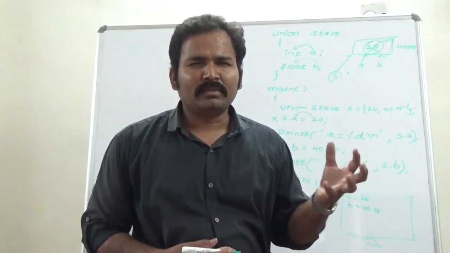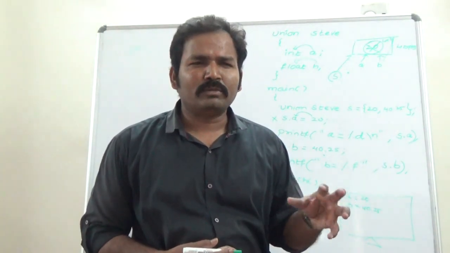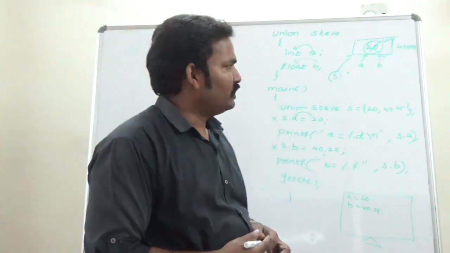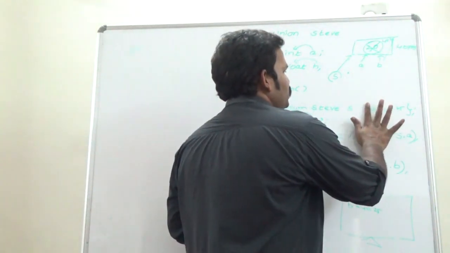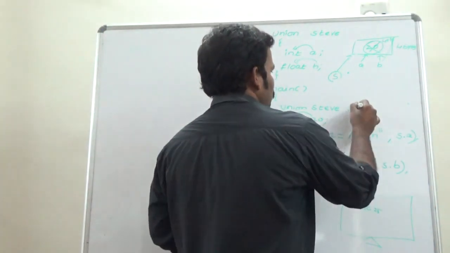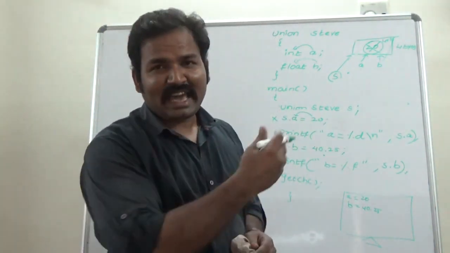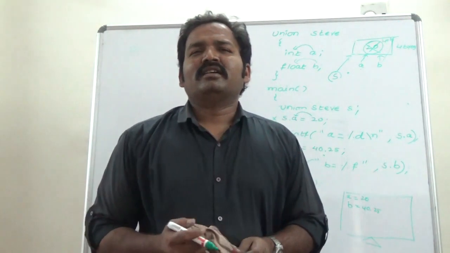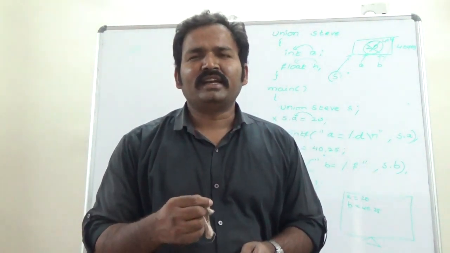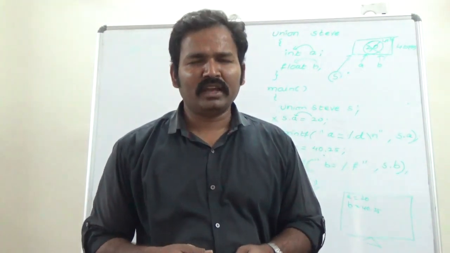In a 4-byte memory location, it is not possible to store 6 bytes of data. That is the reason initialization of all the members at a time is not possible. Same as accessing structure members, accessing all the members at a time is also not possible. Okay, so clear?